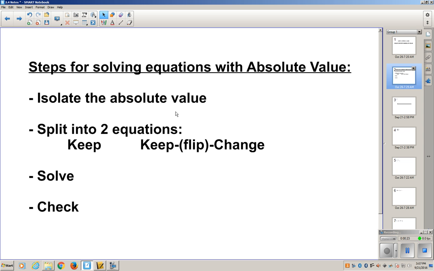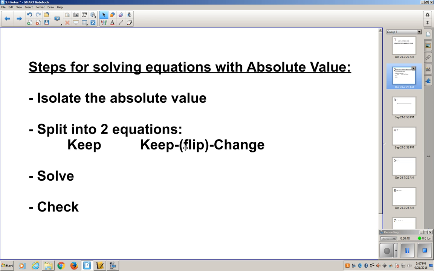And then we have a method where we split it into two equations without the absolute value bars. In one, you basically rewrite the equation, and in the other, you rewrite what was inside the absolute value, and you flip the sign.